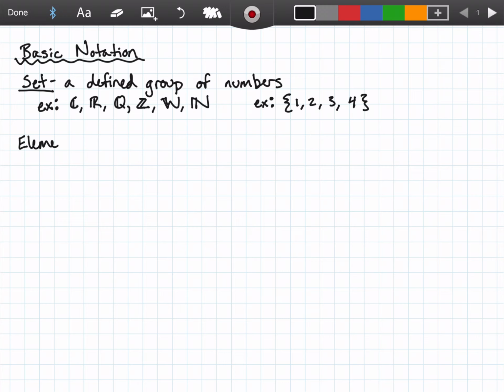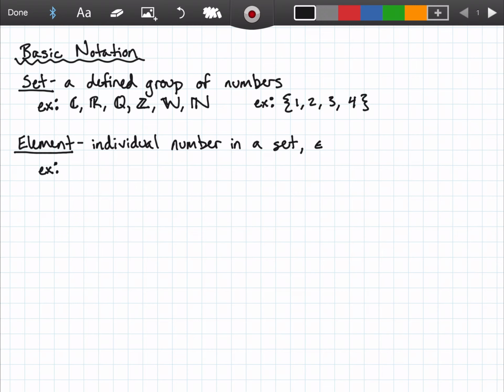Our next word is going to be element. And an element is just an individual number in a set. And it has its own symbol. Kind of like a C with a middle line through it, so it's kind of like a curvy E thing. It's probably some Greek letter.